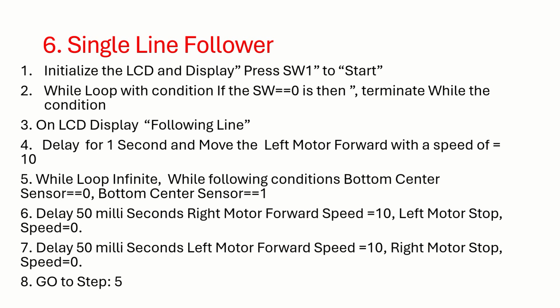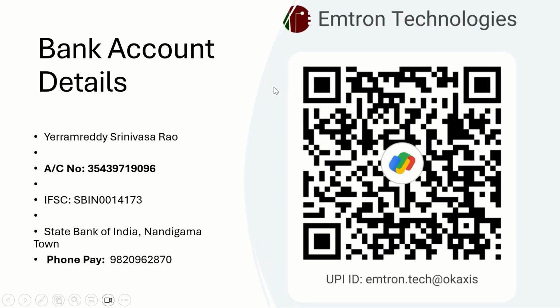To begin with, we'll start with LCD initialization, displaying press SW1 on the first line and start on the second line, and enter into a conditional while loop checking whether the switch SW1 is pressed or not.